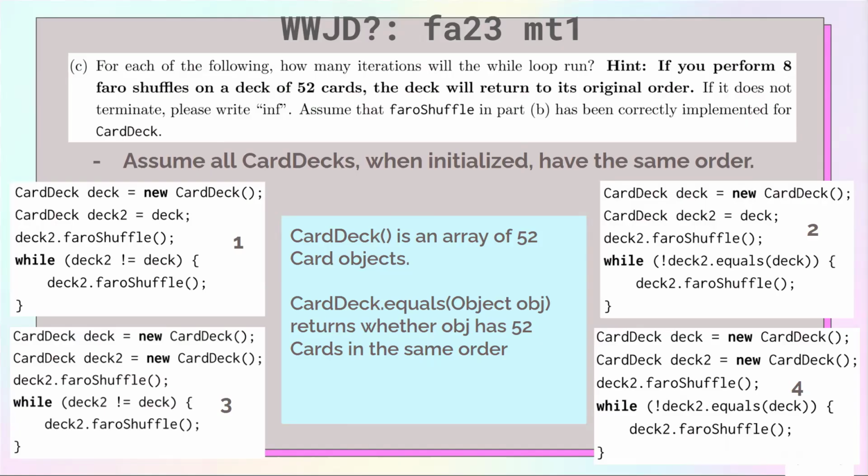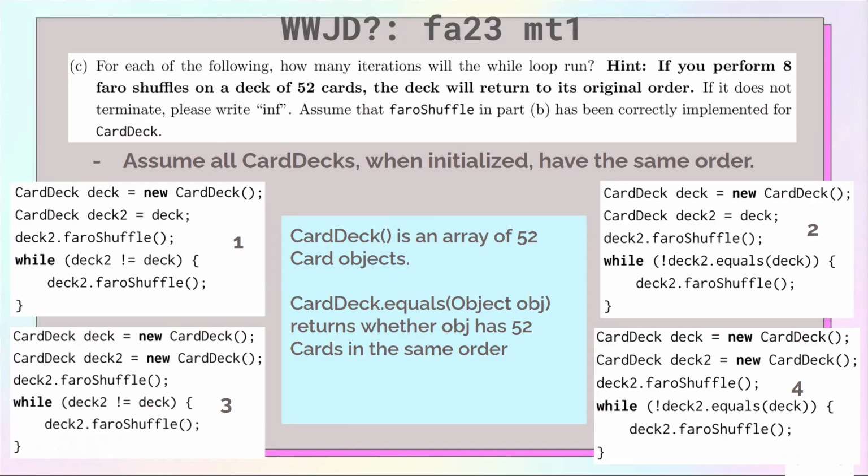So we can see that we created a new CardDeck object for the variable deck, and then we assigned the variable deck two to the same object as deck. Our looping condition is deck two not equal to deck, which means these two are pointing at different objects.